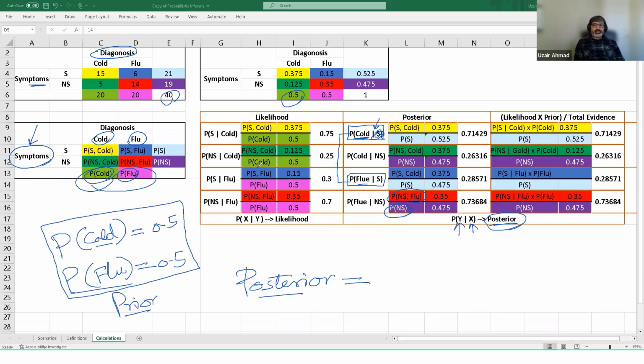Second new word, posterior, prior. Now third new word is likelihood. Likelihood is what? We will change the question. If our posterior is asking whether the person has cold, given that the person is sneezing, we will change the question. We will say, what is the probability that person has sneezing given that person has cold?